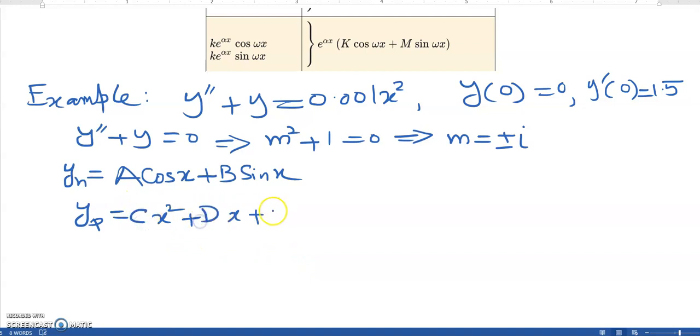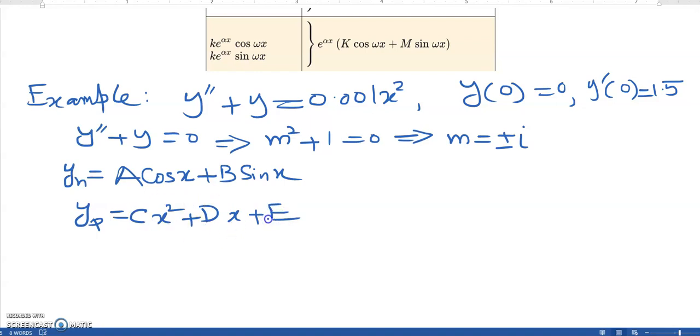C, D, and E. Okay. So basically we are saying that the particular solution will be in this form.